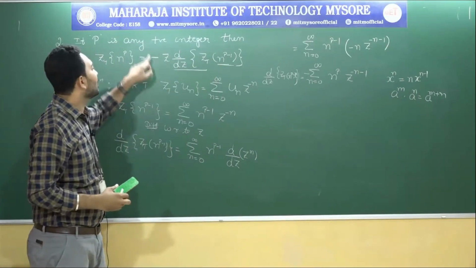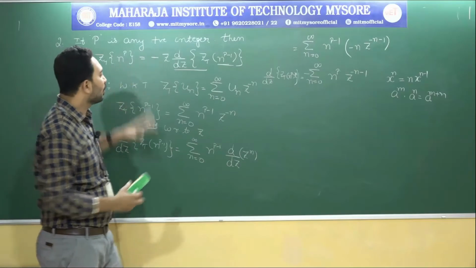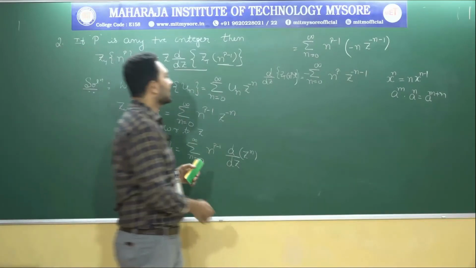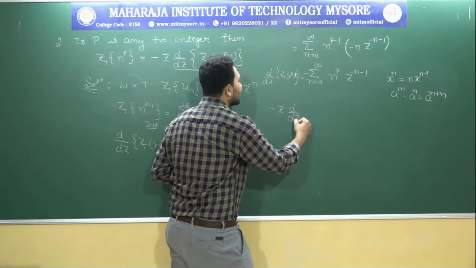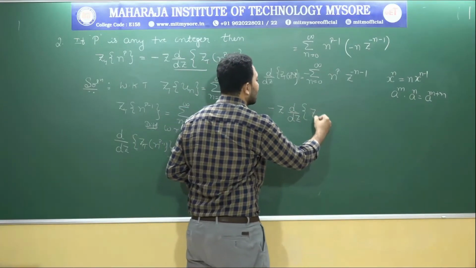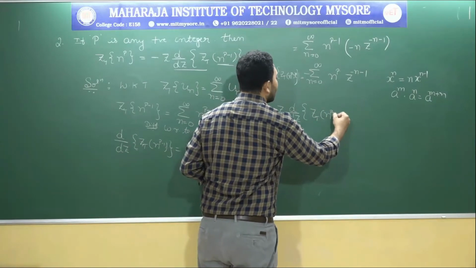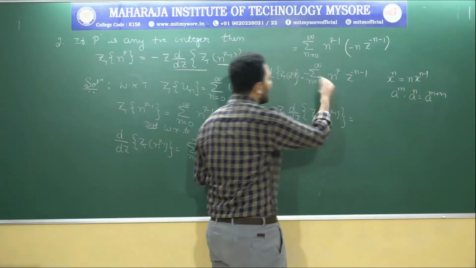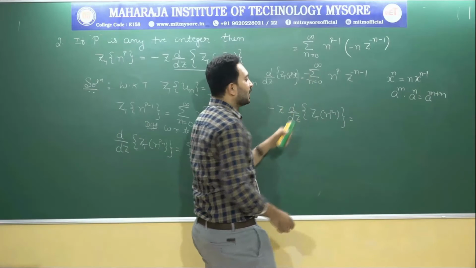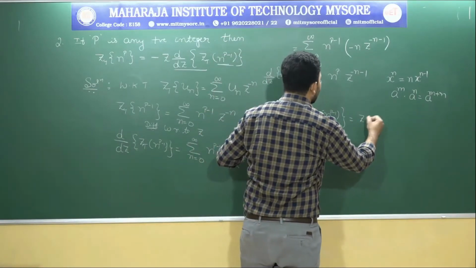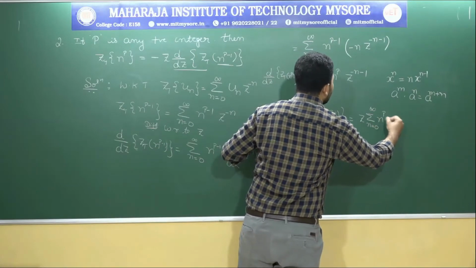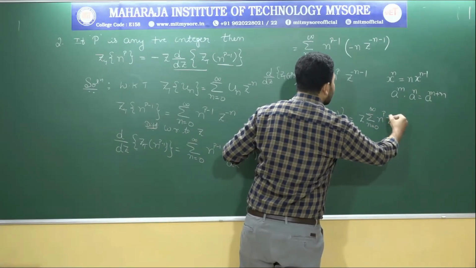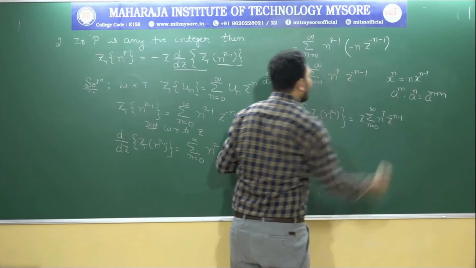Next we require minus z on the left side. So multiply minus z on both sides. We'll get minus z d by dz of the z transformation of n power p minus 1. So multiply minus z here. Already we have minus, so minus into minus is plus, z summation n equals 0 to infinity n power p z power minus n minus 1.